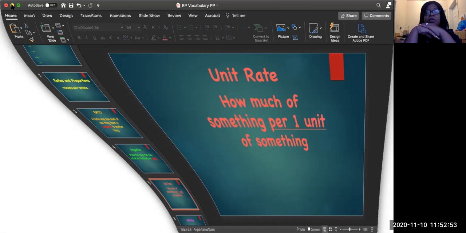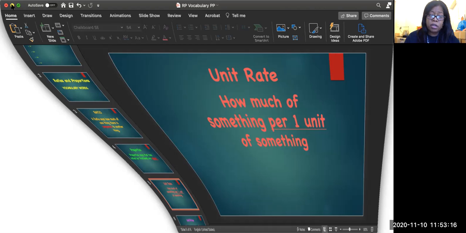Okay, so I told you that when we talk about ratios, we are comparing something to something else. Here we have different shapes, and you are comparing the different shapes in each example.